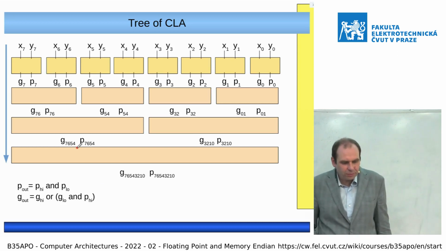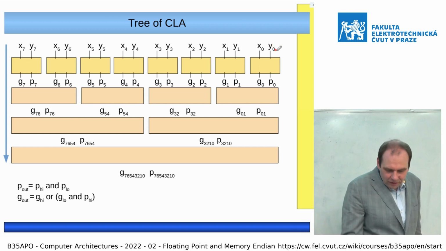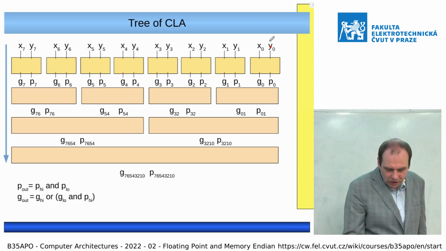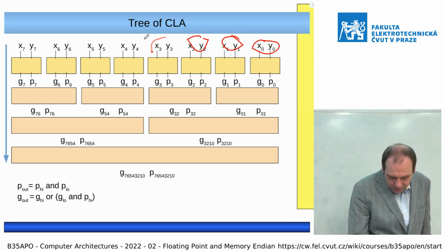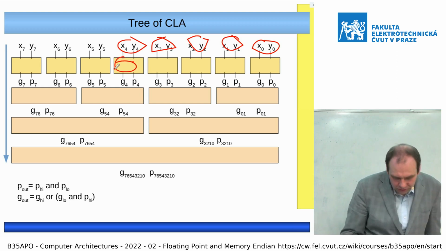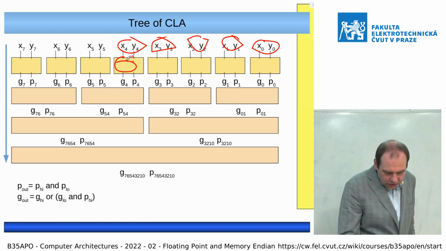One option is that we build the propagation and generation for each pair of the bits. So we have there basically the 4 half adders in each of those blocks, which generate the information.